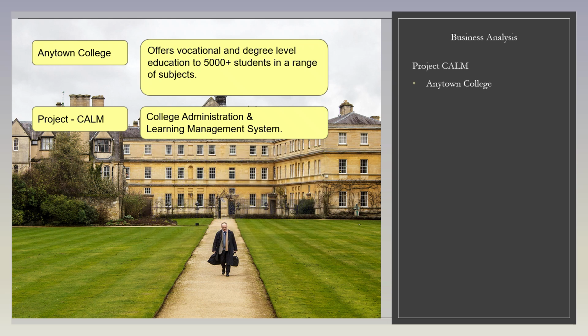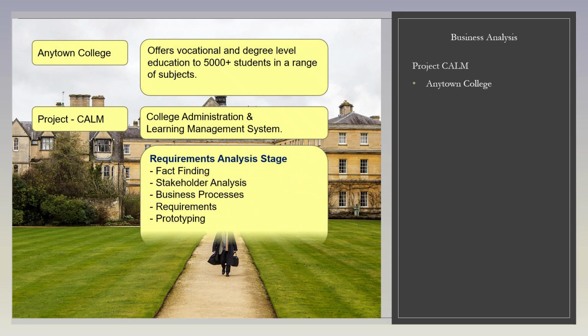The project is at the early requirements analysis stage, and as a business analyst, you will be involved in the activities shown here: fact-finding, analysis of stakeholders and business processes, identifying and specifying requirements, and some prototyping.